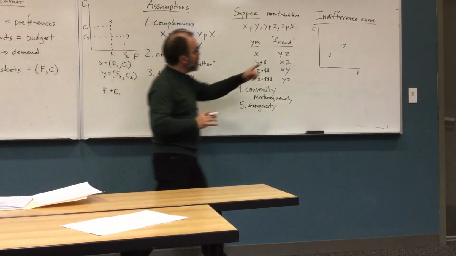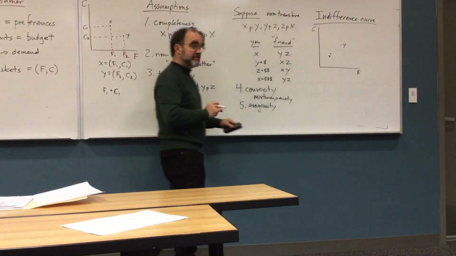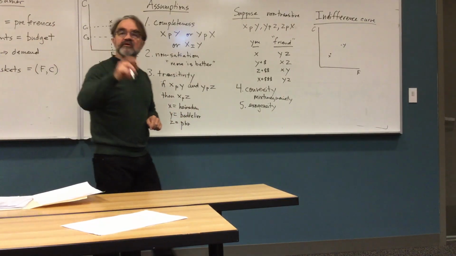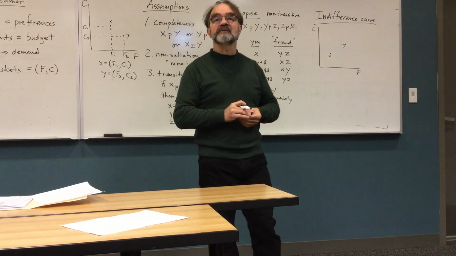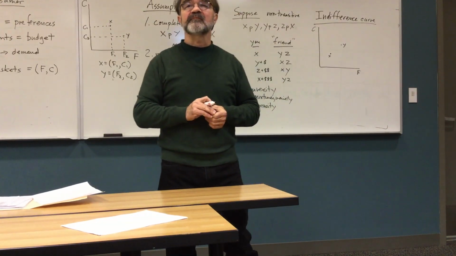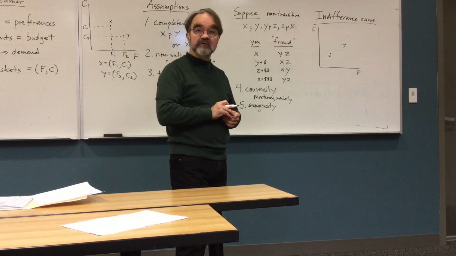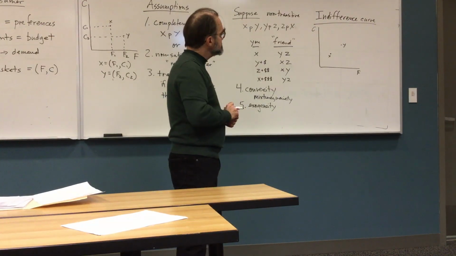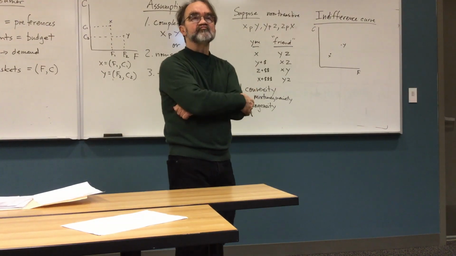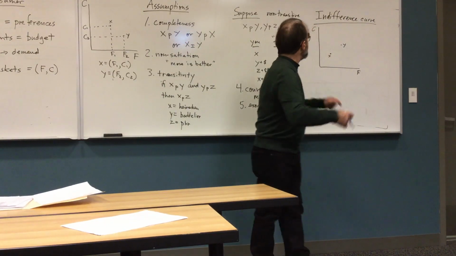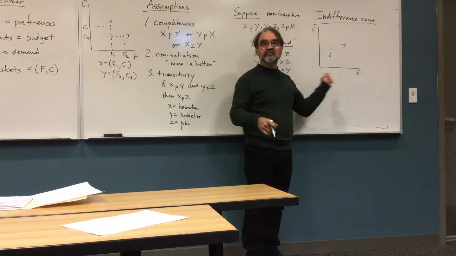So how does Y differ from X? Chris, you had your hand up. Yeah, it looks like Y is both goods have increased by the same amount or by a proportional amount in regards to X. Okay, so that's not crucial. Remember how we measure clothing, how we measure food.